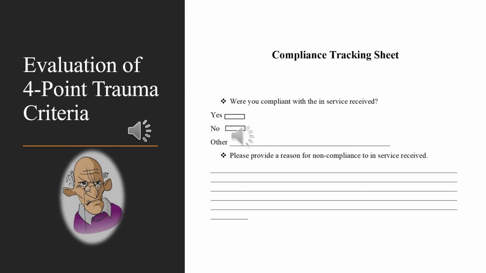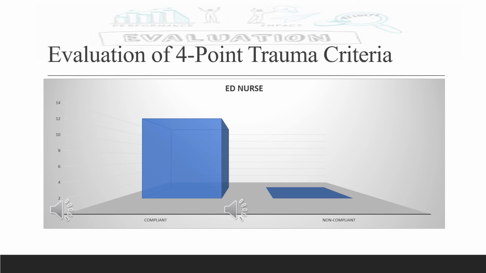The first question was to identify if they were compliant with the training, and in the event that they were non-compliant, staff were asked the reason for non-compliance. 100% of staff who attended the in-service were compliant with the 4-point trauma criteria. Based on the result obtained, one can attest that the criteria or strategies identified were effective in identifying and managing geriatric trauma in the emergency department.